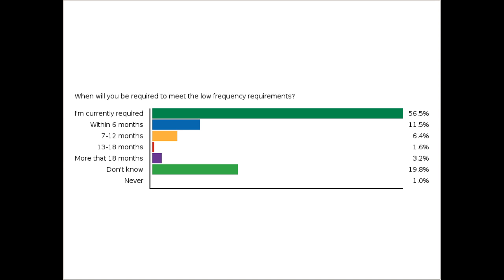Rebecca, we do have a couple questions posted here. In fact, we've got this one a couple times. Are the low-frequency sounders required for retrofit applications? That's a great question. The intent of the code as well as the building code was meant for any new construction.